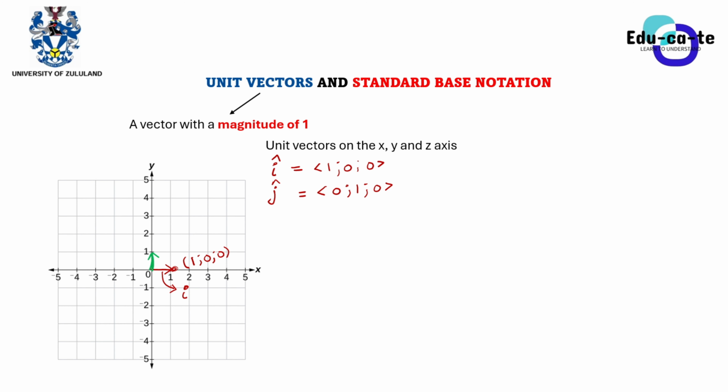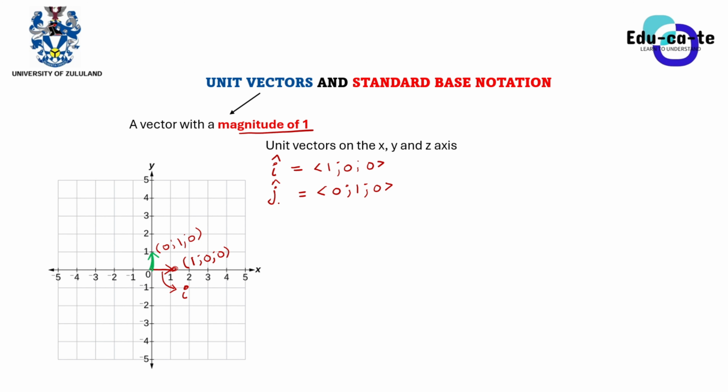Where is this coming from? You can see that at the head of this unit vector, the x value is 0, but the y value is 1 because we're on the y-axis, and the z value is 0 because we don't have any 3D Cartesian plane here. So whenever you see i, we are talking about the unit vector along the x-axis, a vector with a magnitude or a length of 1 along the x-axis.